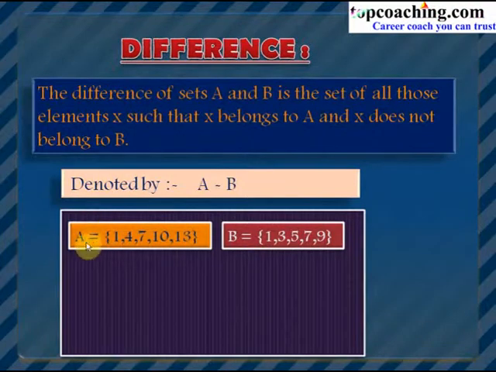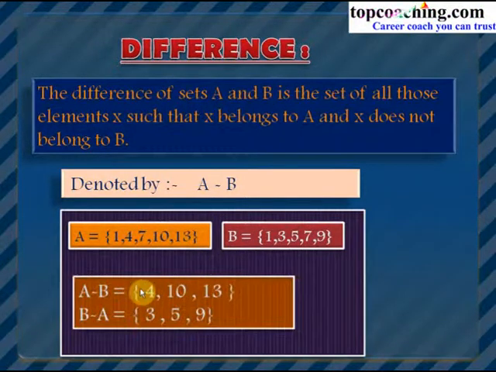For example, we have a set A such that the elements are 1, 4, 7, 10, 13, and we have another set B with 1, 3, 5, 7 and 9. If I want to find out A minus B, then that would be the set containing the elements 4, 10 and 13. Now how do we get this? The important criterion is that we look at the elements which are contained in A such that these elements do not belong to the set B. Now 1 is an element that belongs to the set B as well.